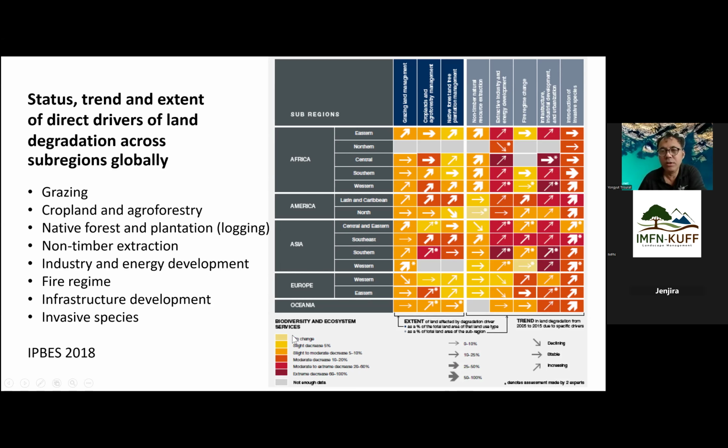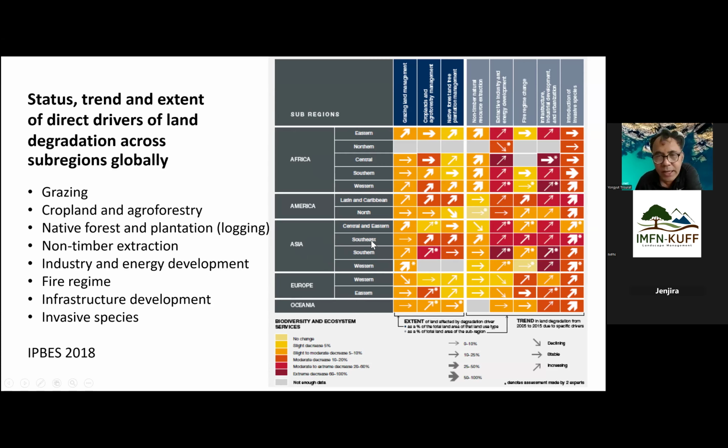of each factor in the region, and the color from yellow to dark red showing the degradation of biodiversity and ecosystem services. So for the red one, it means that the services from agriculture and biodiversity are totally lost.